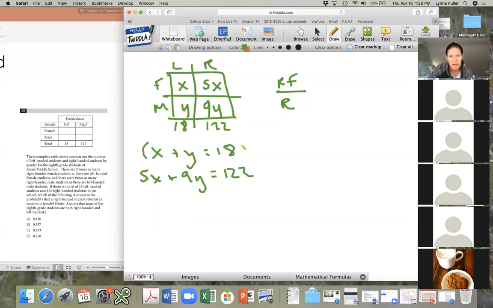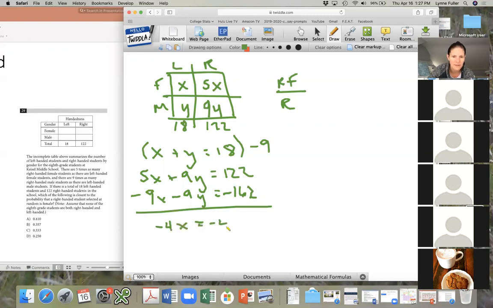So I would multiply the first expression by -9 because we want male values to go away. So -9x minus 9y equals -162. And then we're going to add these expressions together. And so we get -4x equals -40. So x must be 10.